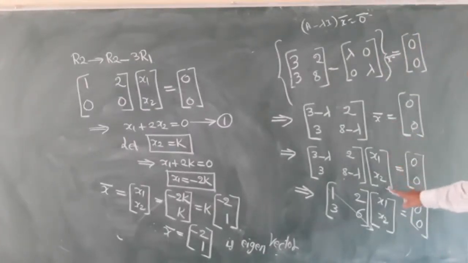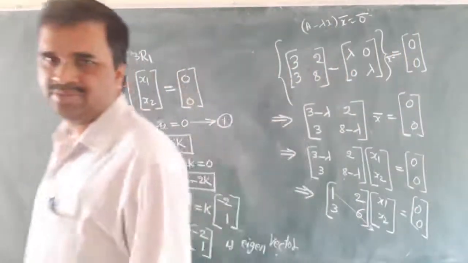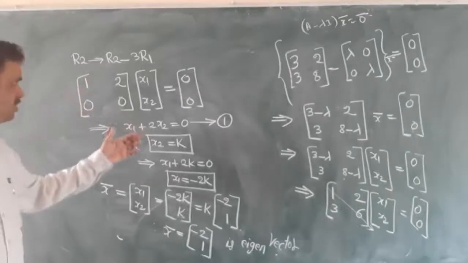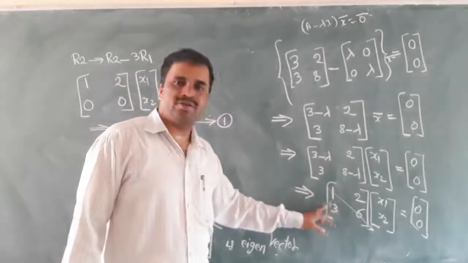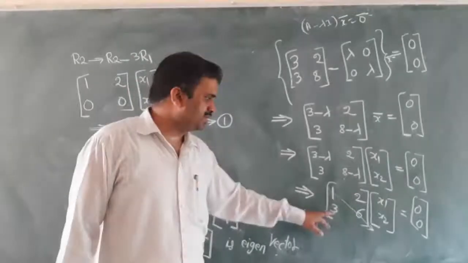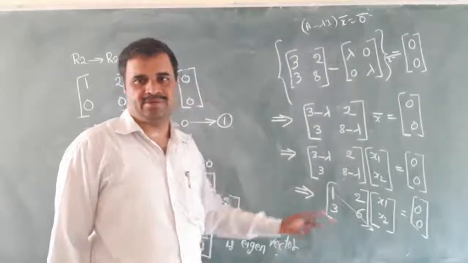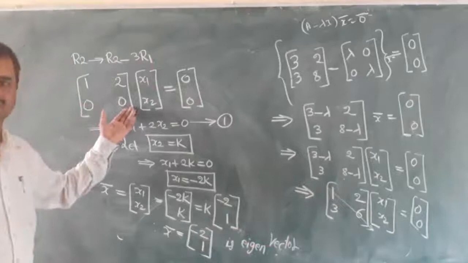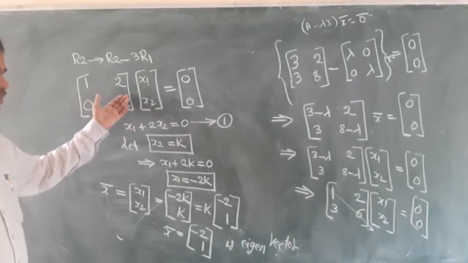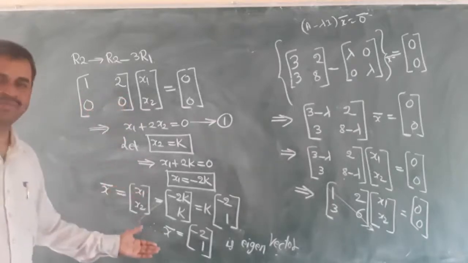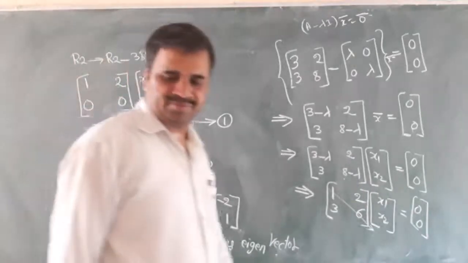So I have provided the matrix there, and I have to solve it to get the x1 and x2 values. I used the echelon form and made this position 0 with R2 minus 3R1. I got a completely zero row, so simply a single row is there. I solved it and got [minus 2; 1] as the eigenvector.